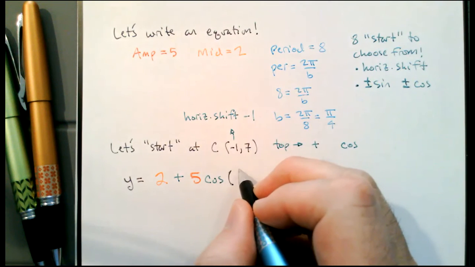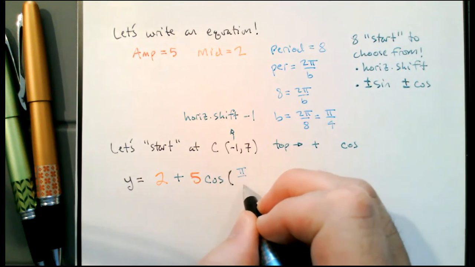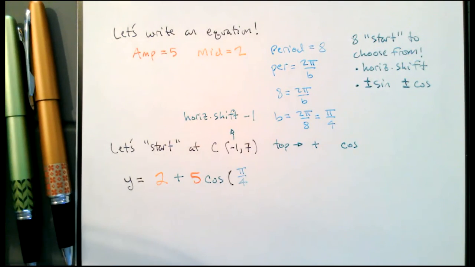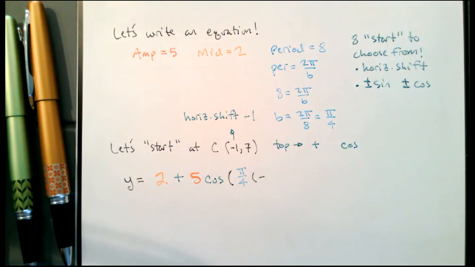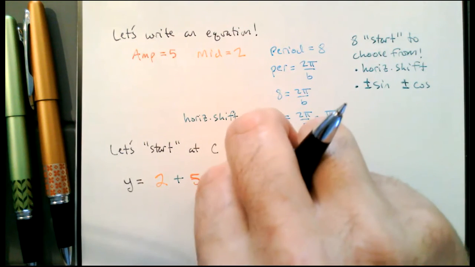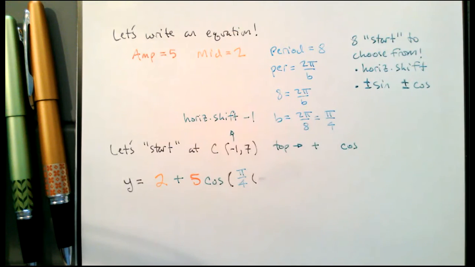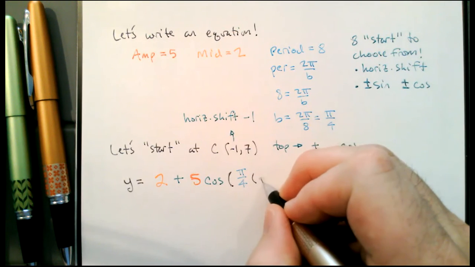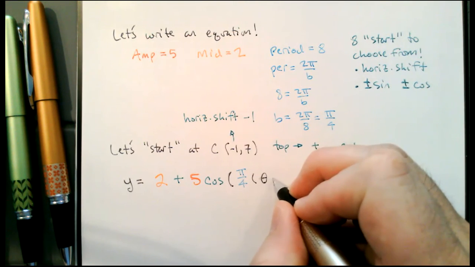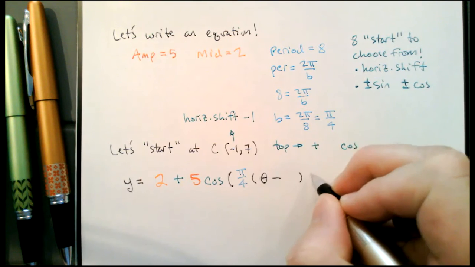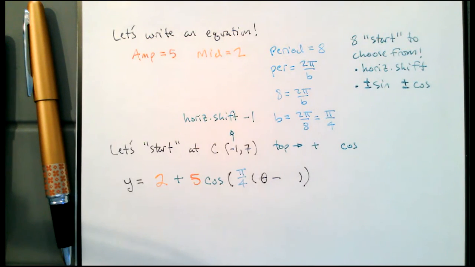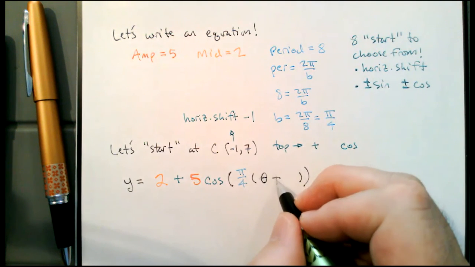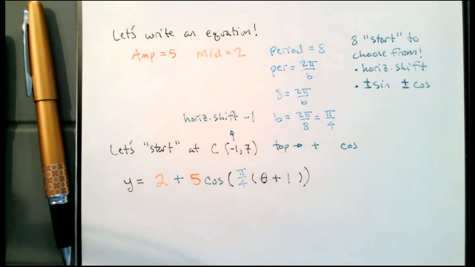So the coefficient of theta is going to be pi divided by 4. Then in parentheses, we put theta minus the horizontal shift. In this case, the horizontal shift is -1, so it's going to look like theta plus 1.